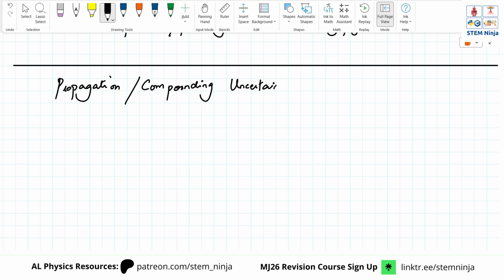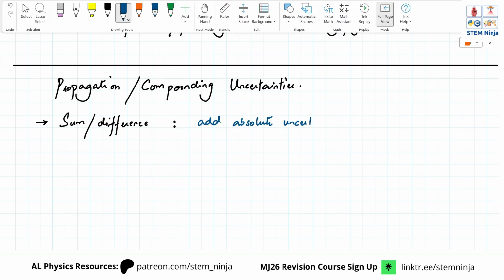Now, it depends on whether you are taking a sum or a difference, or you are taking a product or a quotient. So for a sum or a difference, remember you need to add absolute uncertainties, even if you are subtracting the two quantities.